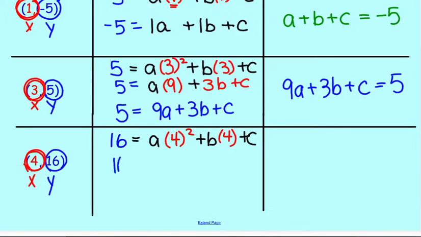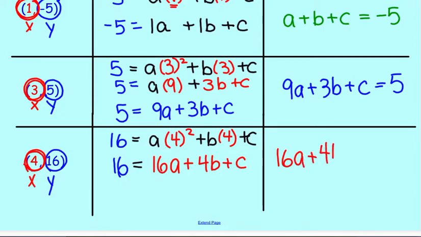The left-hand side stays as it is. 4 times 4 is 16, so 16a plus 4b plus c equals 16.